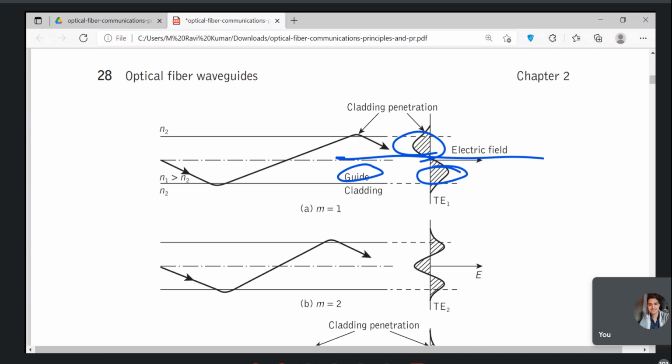And if you look at the output light which would come out of this fiber, there would be two spots. So that corresponds to this TE1 mode. And this TE2 mode would have three spots corresponding to these three peaks.